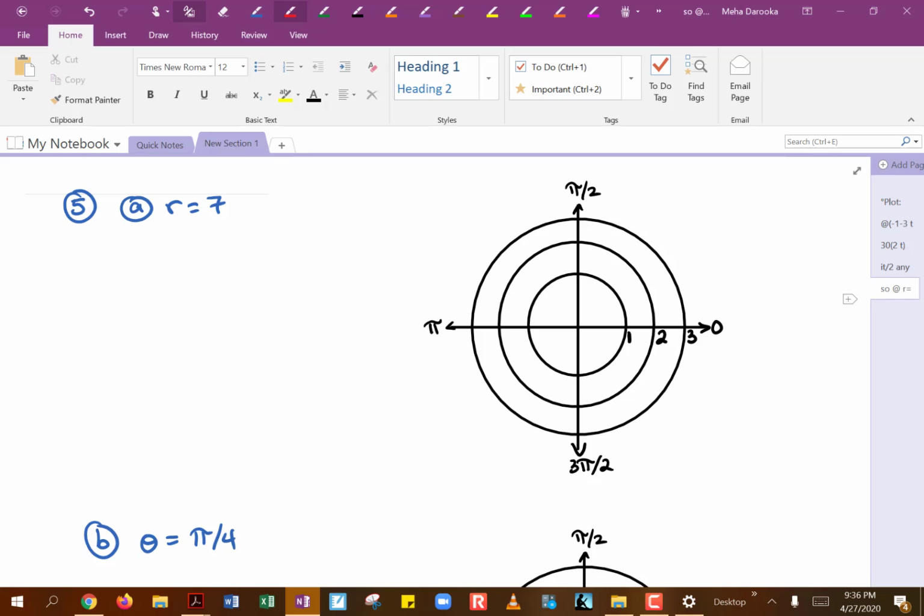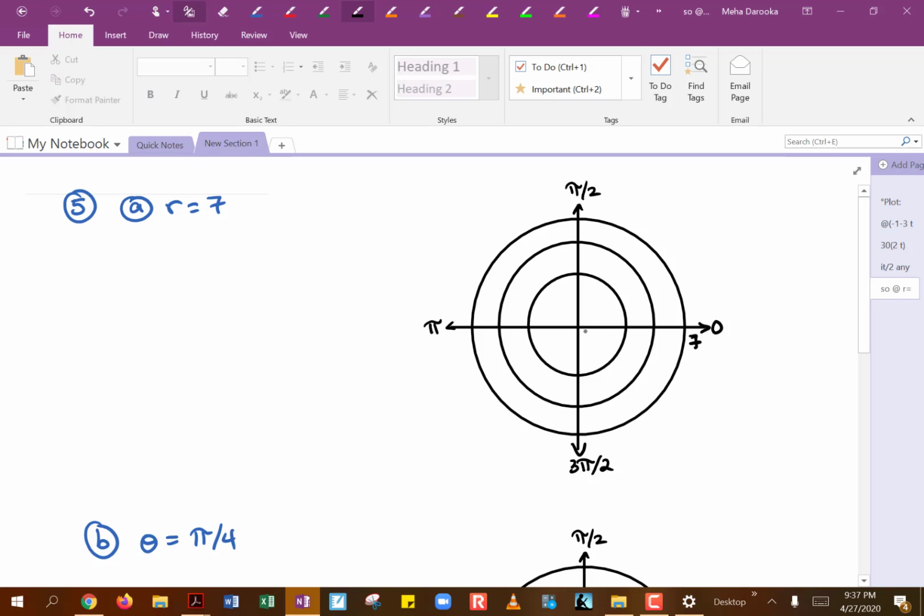So r equals 7 basically is telling us that you have a distance of 7 from the pole, right? So if you have a distance of 7, and I think I am going to rewrite these numbers to accommodate that 7. So how about we make this last circle 7 units from our pole, from our origin.